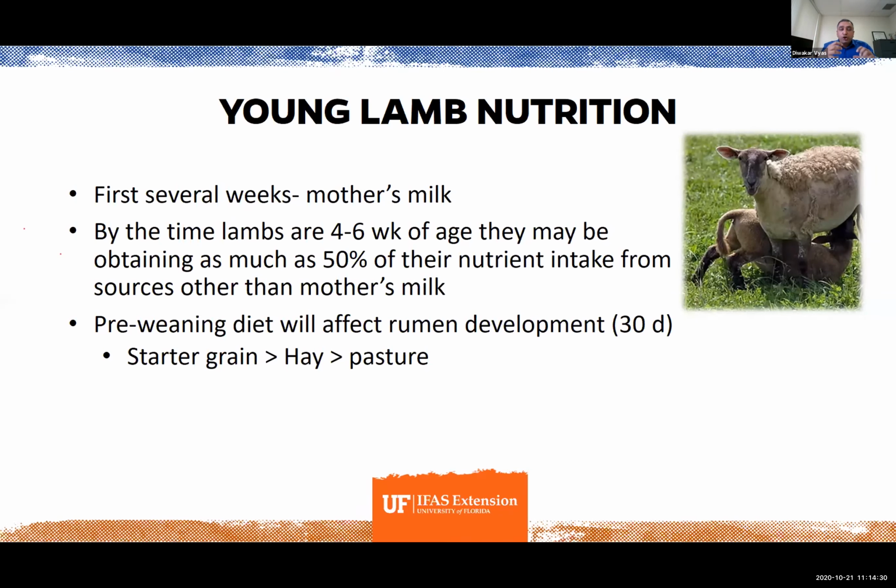So the rumen is developing, I won't say at a faster pace, but the papillae are developed well. They are very well formed, which is very important for nutrient absorption at a later stage of their life. So grains are very important in the pre-weaning diet. Then hay, and then pasture.